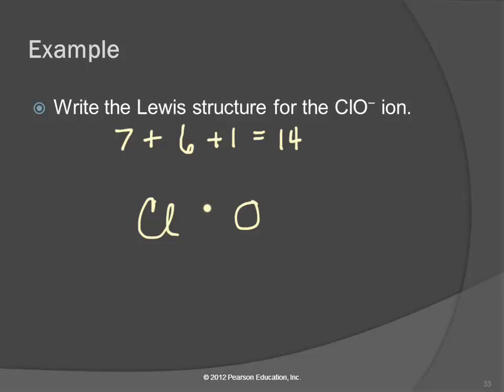So we have to put 2 here. 2, 4, 6, 8, 10, 12, 14. Helps to be able to count by 2s. Oh, look. We had enough. Isn't that nice? No multiple bond. And then we put brackets around it, and put a negative sign.